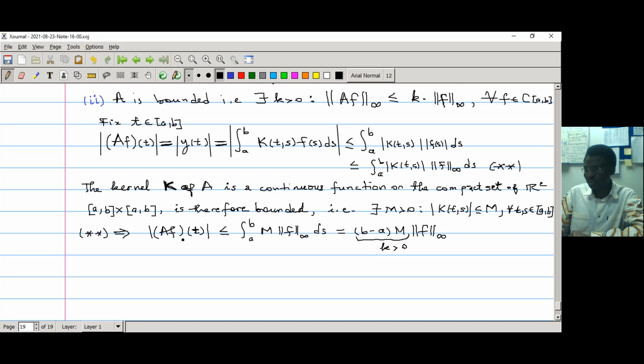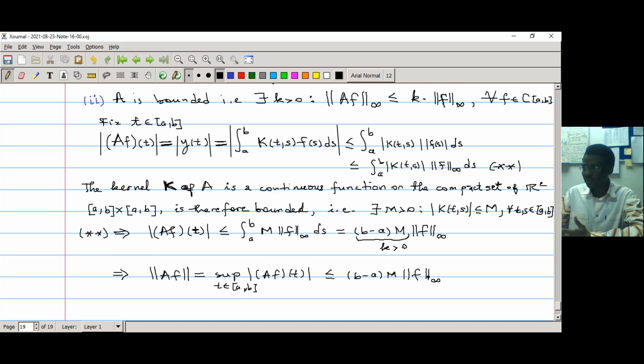Now, if I take the supremum also, because remember that we are using the infinity norm, this implies that the infinity norm of AF, which is equal to the supremum of this for t in the interval AB, is less than or equal to b minus a times M times the infinity norm of f.